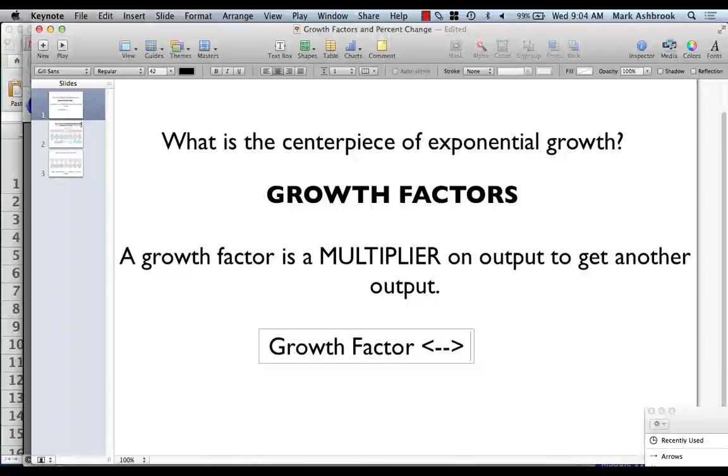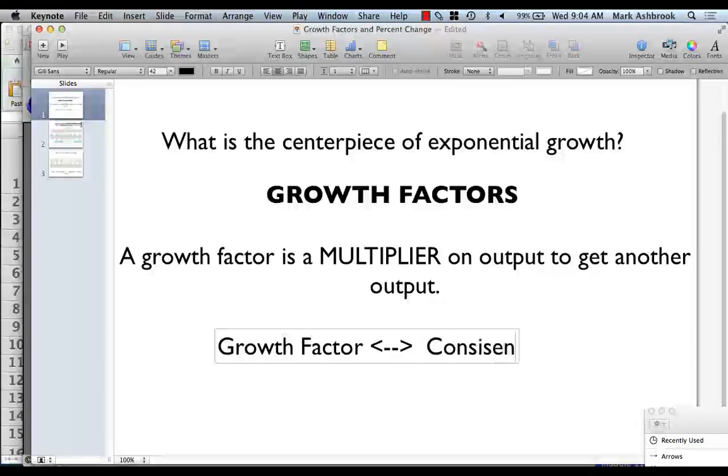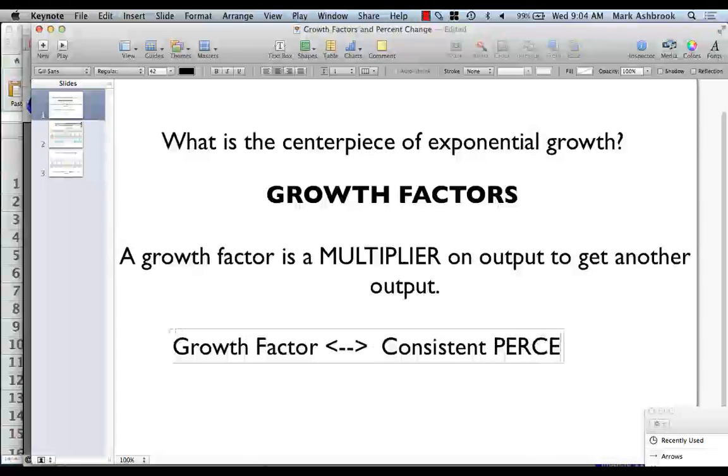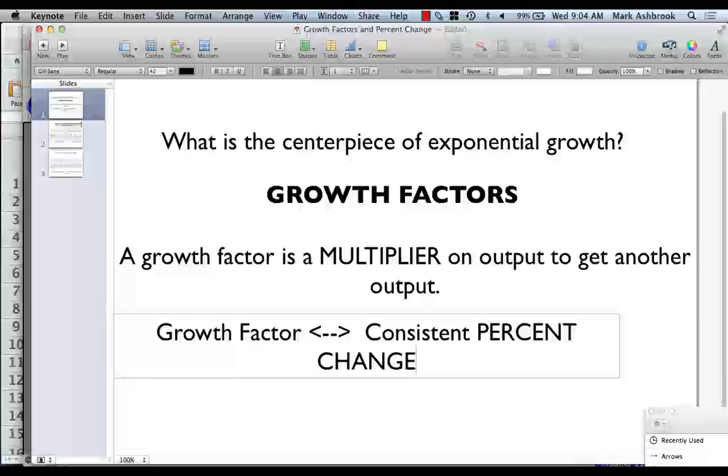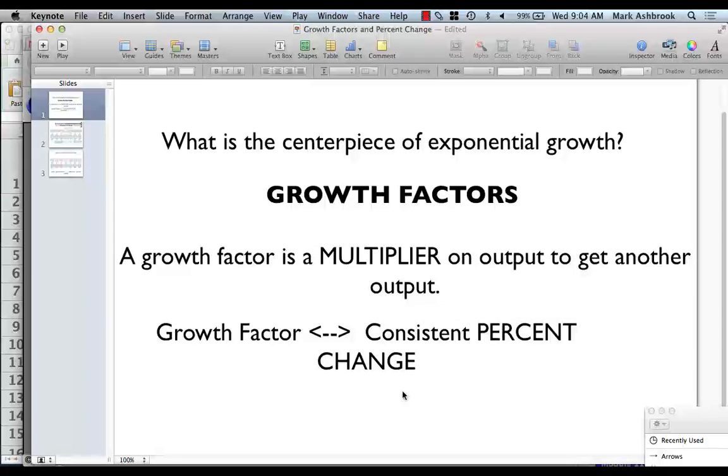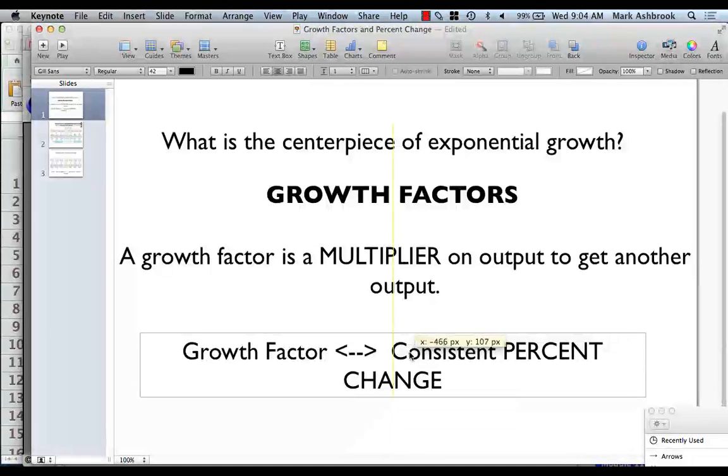We're multiplying with the growth factor. What kind of change do we get? Consistent percent change, right? Remember that? And from the growth factor, we can get that percent change, and given a percent change, we can find the growth factor. Okay.